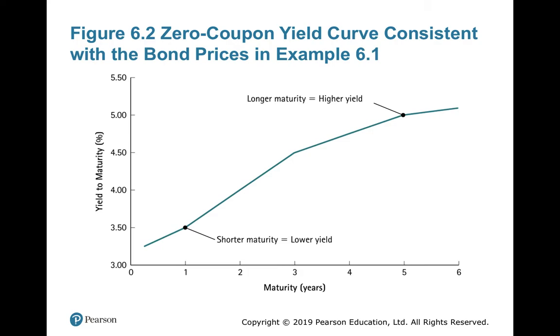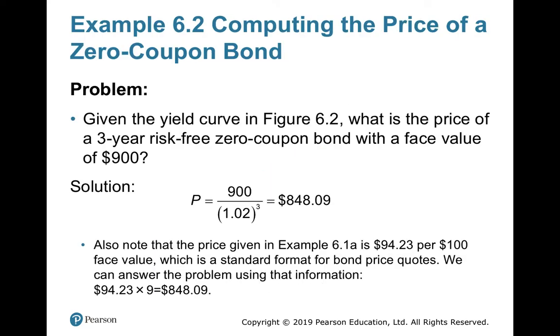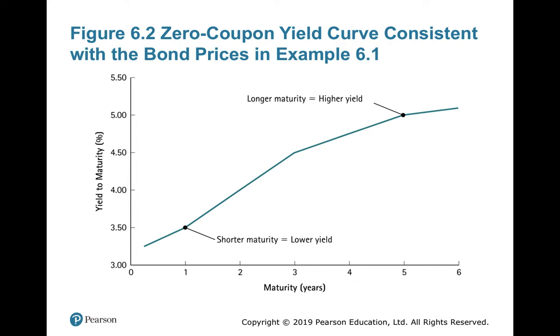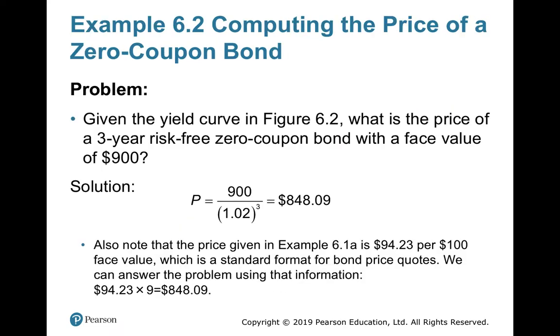Again, the maturity period is 3 years. At 3 years, it is around 4%. So it is not 1.02, it is 1.04.